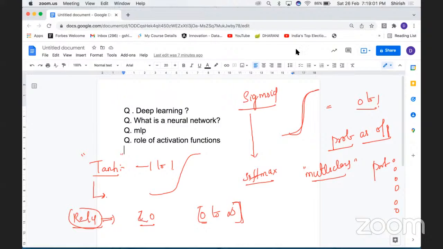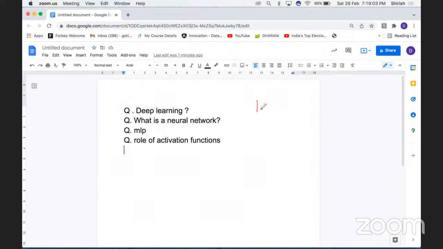For that reason, people have come up with leaky ReLU to solve the problem of ReLU. ReLU is something like this, 0 to infinity. Leaky ReLU is a little bit like this. This is the axis, and you can see the leak here.